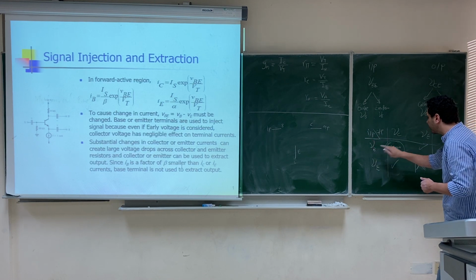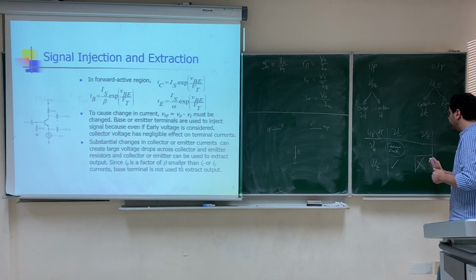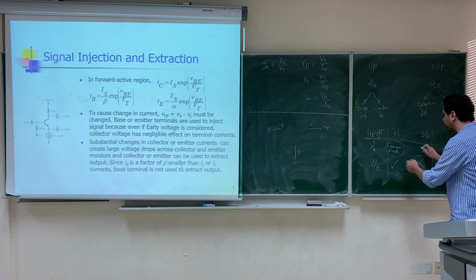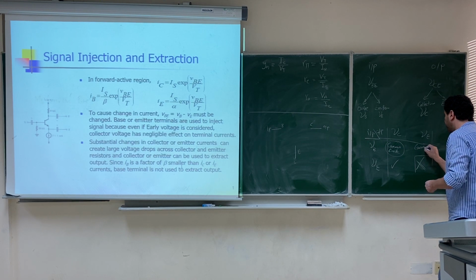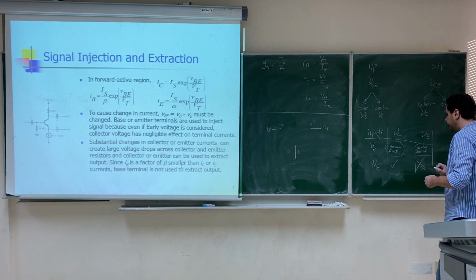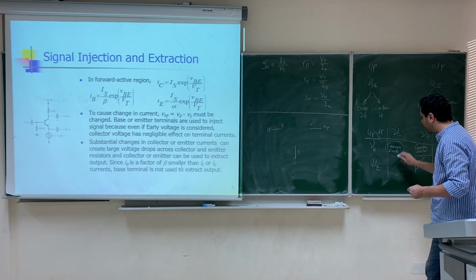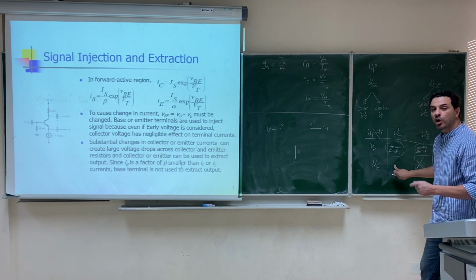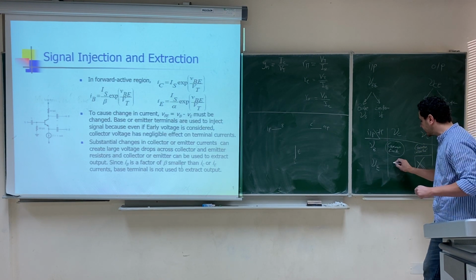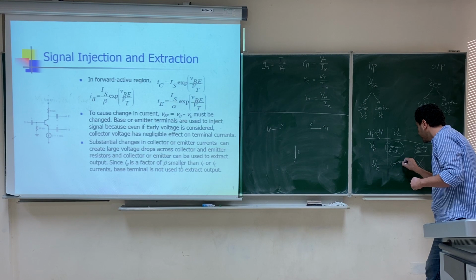When you connect the input to the base and you take the output from the emitter, the third terminal, which is the collector, is called common. So we call this family common collector amplifier. When you connect the input to the emitter and the output from the collector, we call this family common base amplifiers.